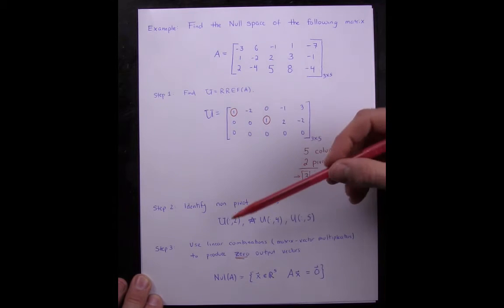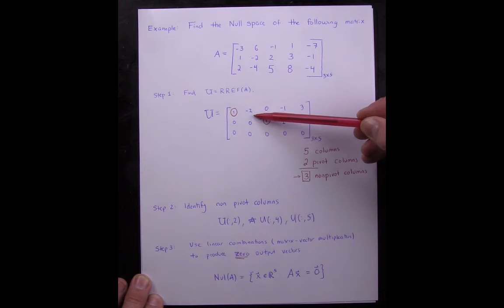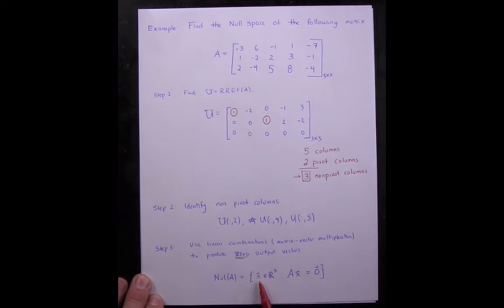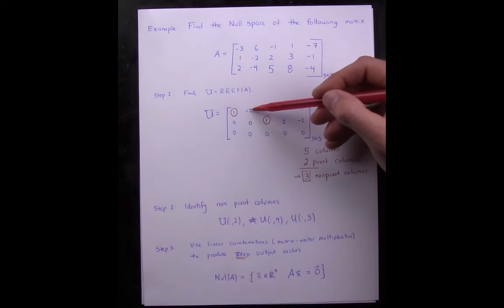Well, my claim is, once we know this information with this form, we can immediately produce the vectors x that send A to 0. Let's see how to do this. We begin by looking at U2, which is the second column.